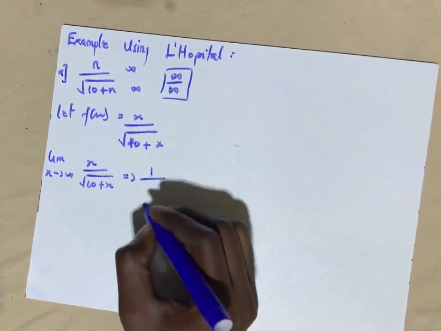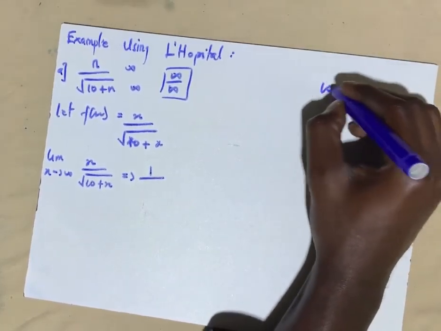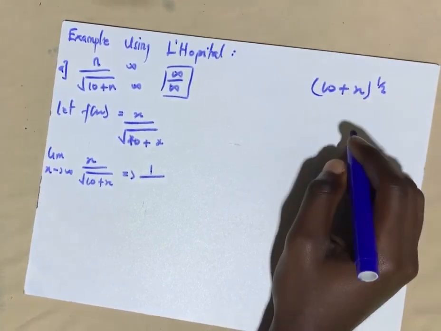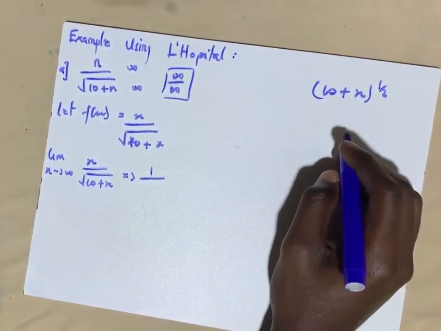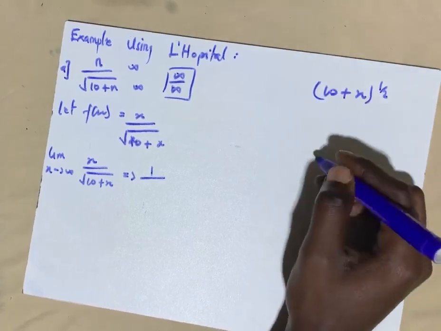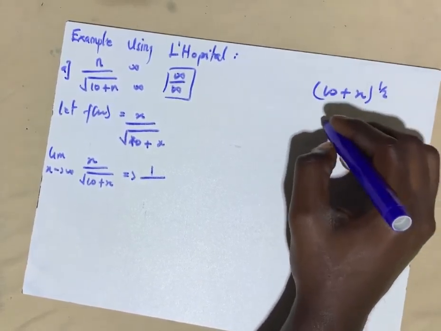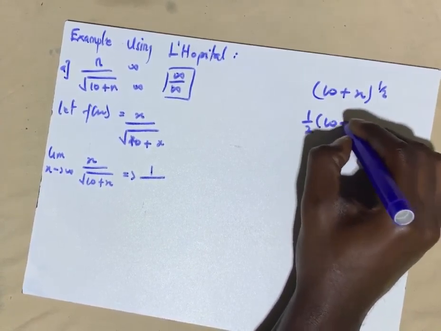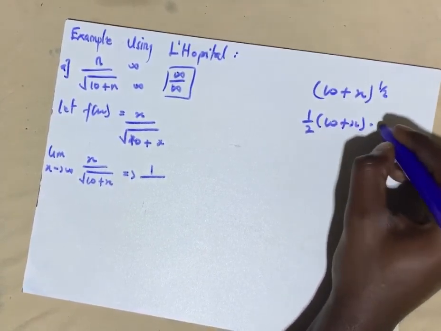And when you differentiate the denominator, remember we have the same thing as 10 plus x to the power half. With differentiation, anytime you have something like this, you apply the chain rule. So first of all, you differentiate this, you are going to get 10 plus x multiplying with 1.